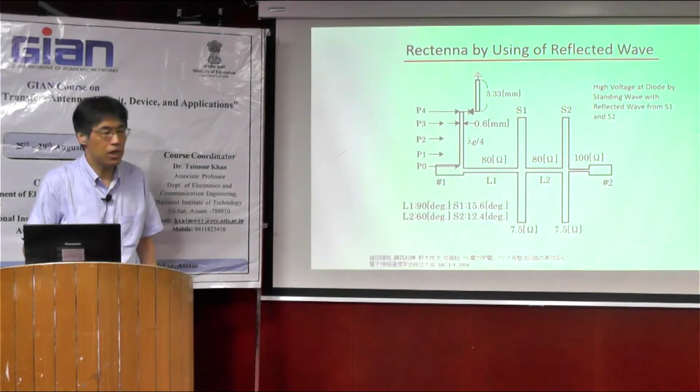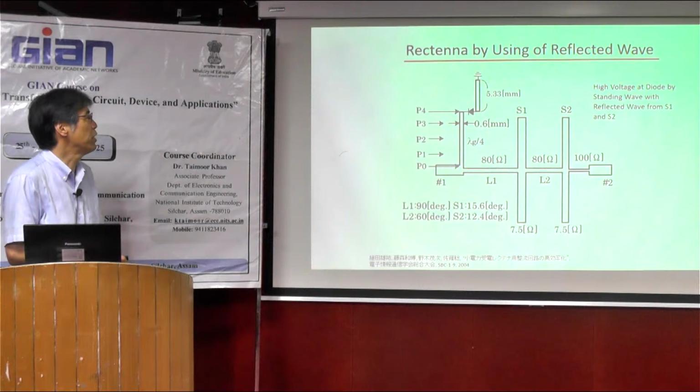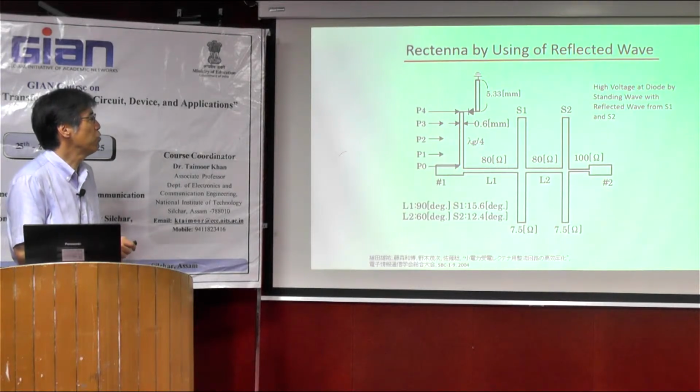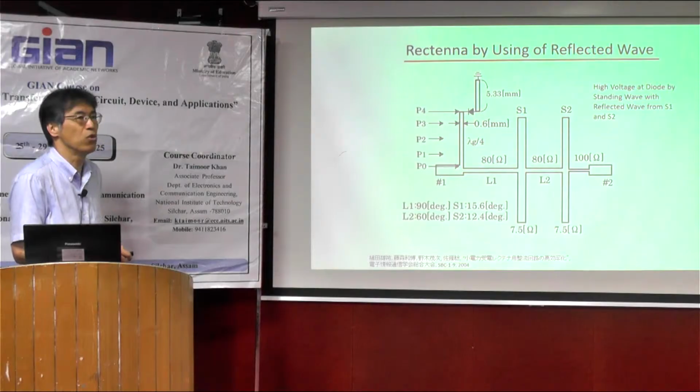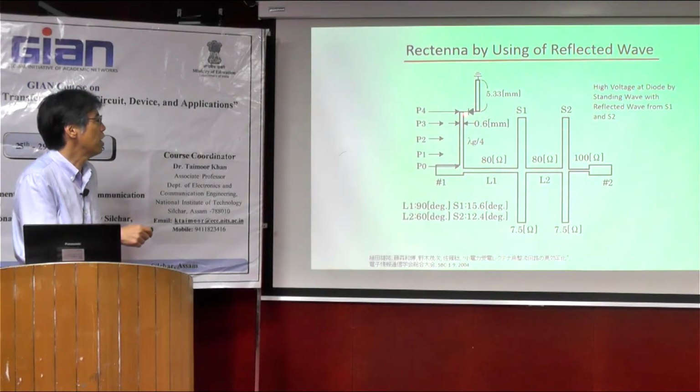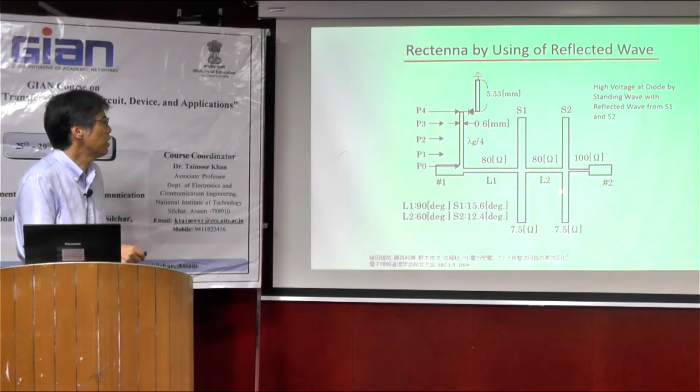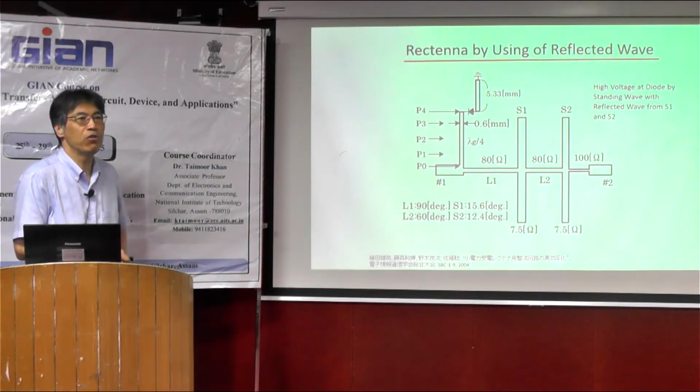And the other Japanese group developed a rectenna with a reflected wave reuse. And they put a diode here, and they change this line length. And from the user side, some reflection occurs.